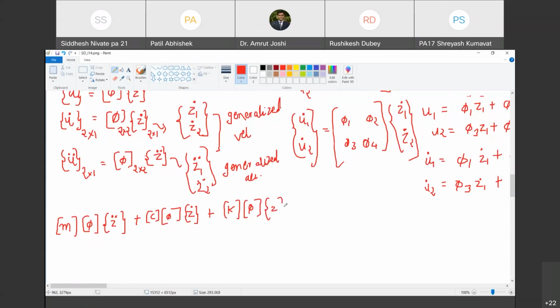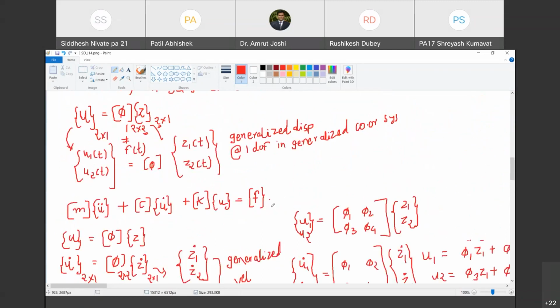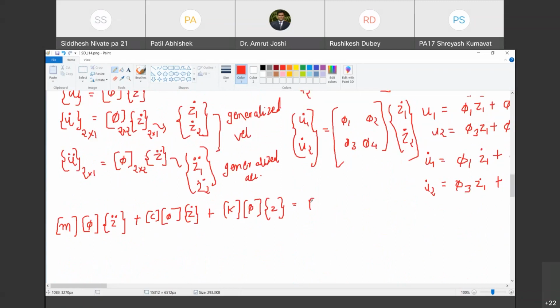The matrices that I write in curly brackets are column matrices, whereas the matrices that I write in square brackets are square matrices. Are you with me? Yes, sir. And what happens to the right hand side? Nothing, because it is going to be f as it is. Happy? Yes, sir. Okay. So observe, देखो, the irony that we have in our hand is Z double dot matrix is in generalized coordinate system.